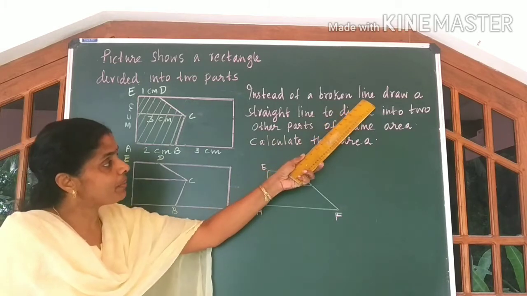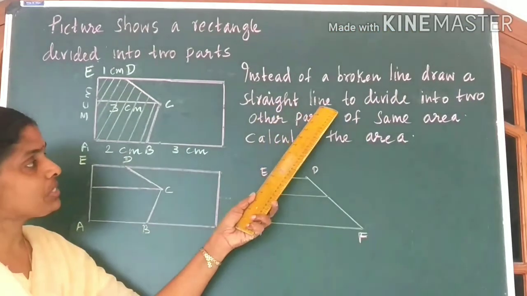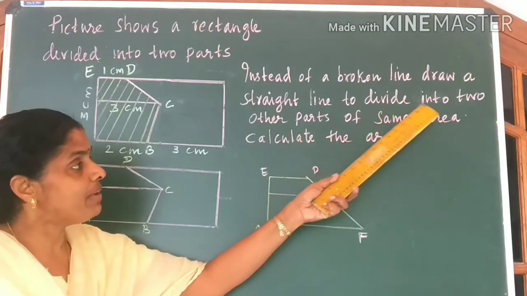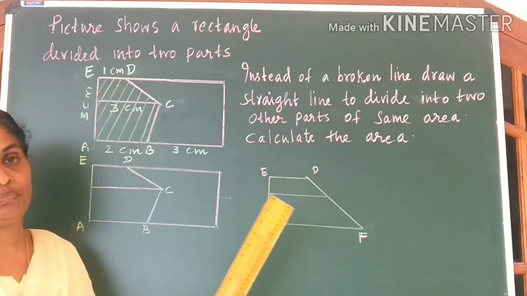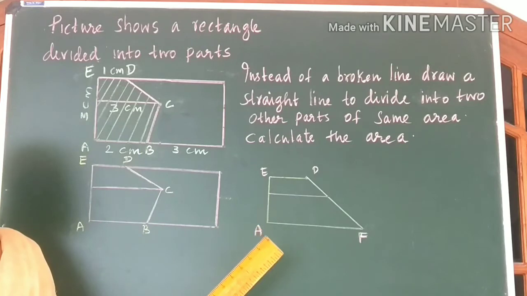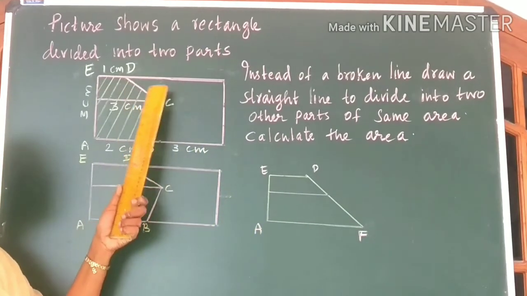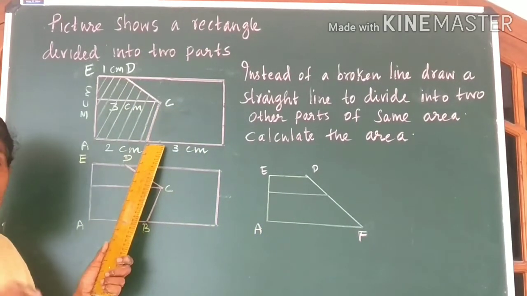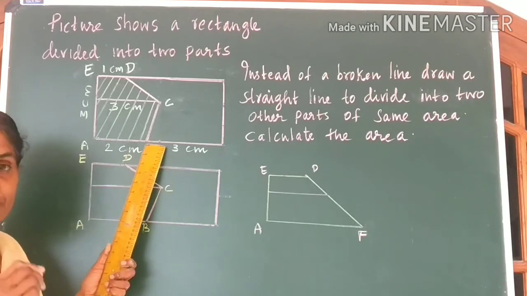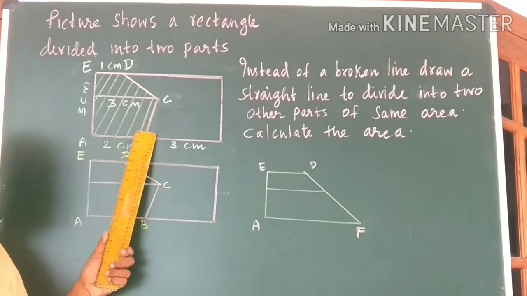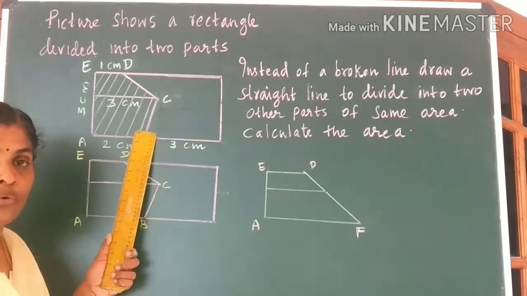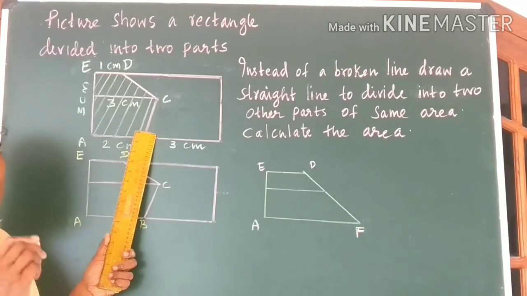Instead of the broken line, draw a straight line to divide it into two other parts of the same area. So the first part of the question is, instead of this broken line, you have to draw a straight line so as to divide this figure into two other parts of the same area.